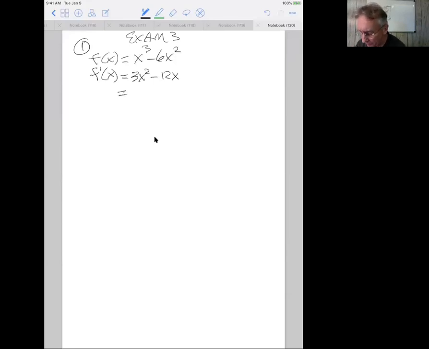What we've got in common here is a 3 and an x. A couple of you just took the 3 out, but there's a 3 and an x, and what's left is x minus 4. This is where a couple made a mistake also. When you set this equal to 0, you've got 3x equals 0 and x minus 4 equals 0. This means x equals 0 and x equals 4. So on a number line, you've got 0 and 4.